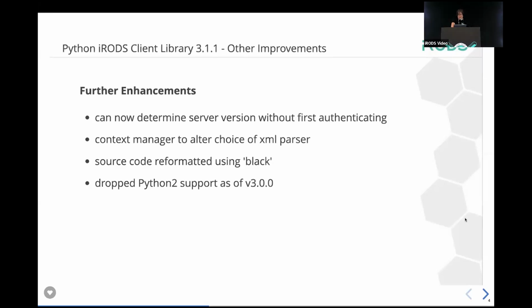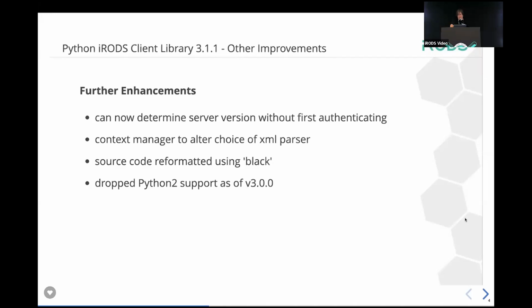Also, for the range of a certain set of lines of code, you can change which XML parser is active. That's the part of the PRC that processes messages coming back from the server. If you have names that have embedded weird characters in them, like say, bells or \1, sometimes this is important.